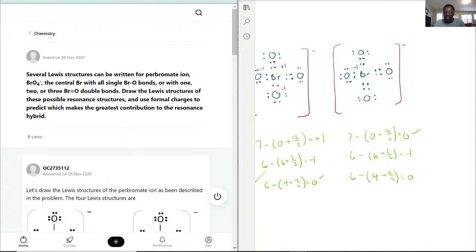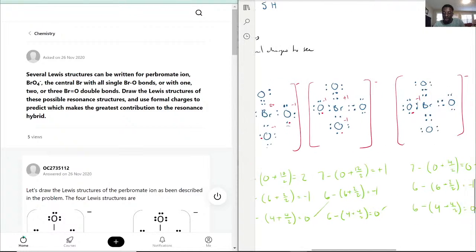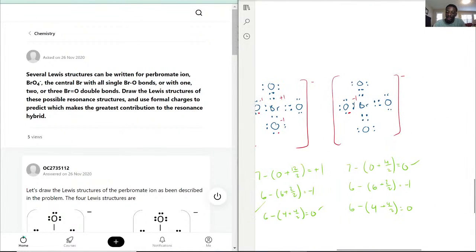So when we talk about resonance structures, the one that contributes the greatest to the resonance hybrid would be the last one. Why? The one with 3 double bonds, because that is the most stable when it comes to the formal charges.